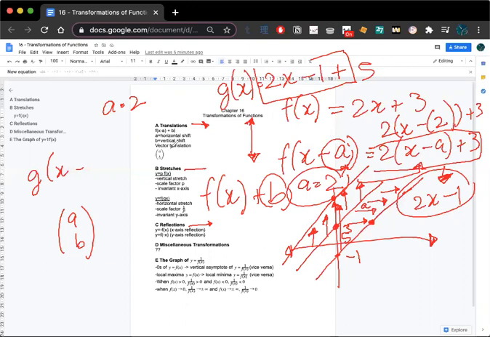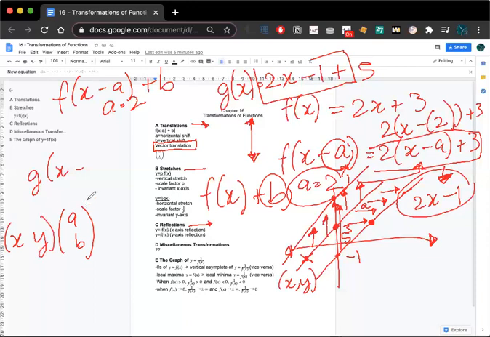Usually you use vector translations when you have a particular coordinate. Let's just say we have coordinate (x, y), and it experiences a shift of f(x) minus a plus b.